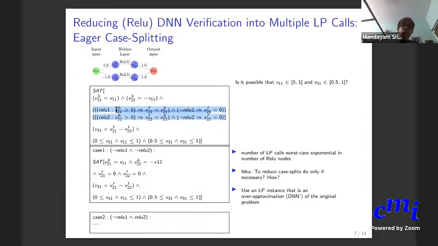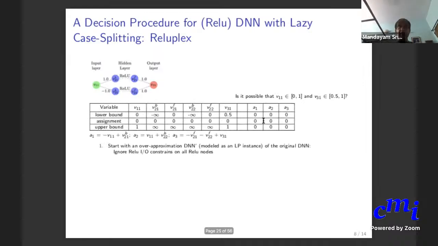If you remove these constraints, then you can see that this becomes an LP problem. The ReLU constraints are the reason that it is not a conjunctive LP. So that's what it starts with, and that's what I have expressed here.